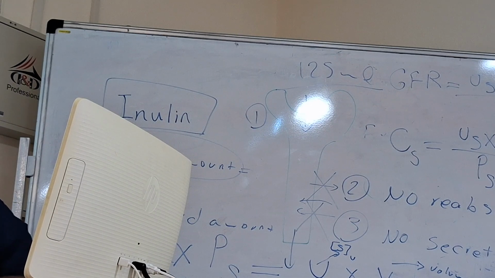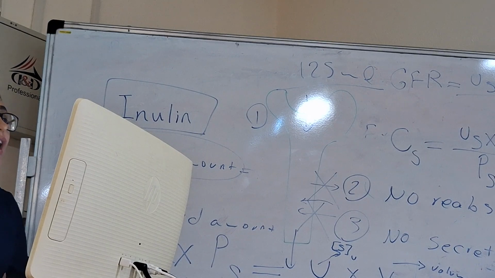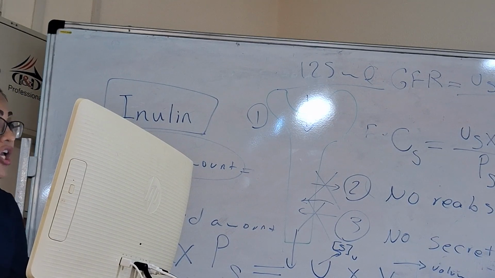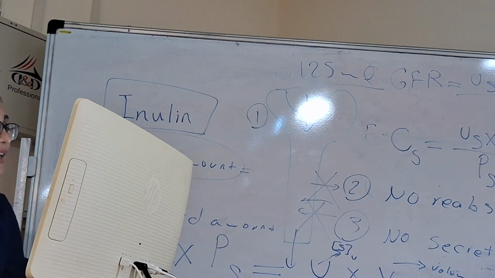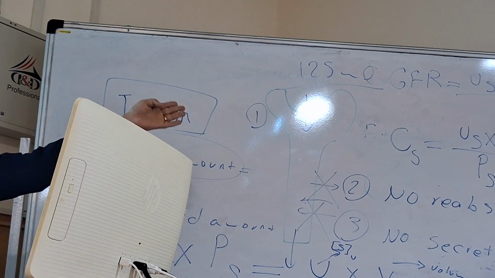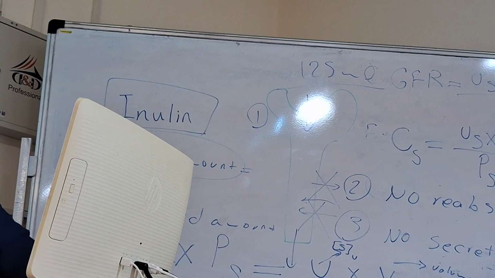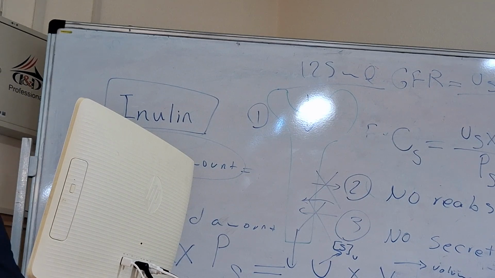Concentration in urine, U_S, is 100 milligrams per deciliter. Urine flow V is 2 milliliters per minute. Put it in the formula. Do you agree with C? Okay, C is correct. Got it.